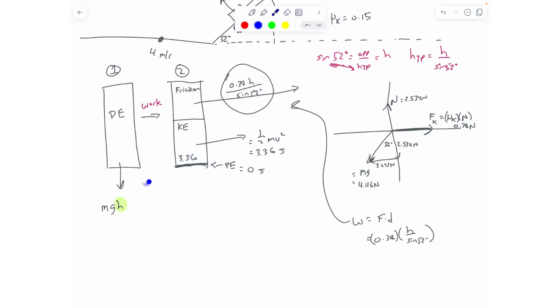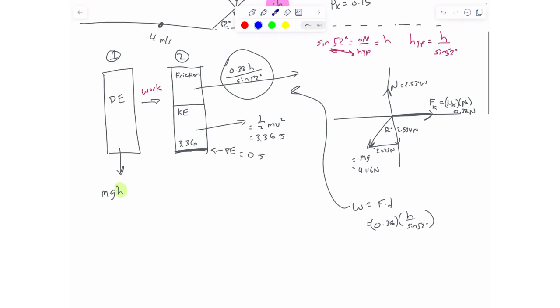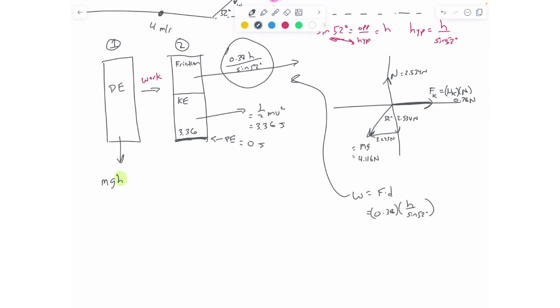So mgh should equal, let's do friction, 0.38 times h over sine 52, plus our kinetic energy, which is 3.36.